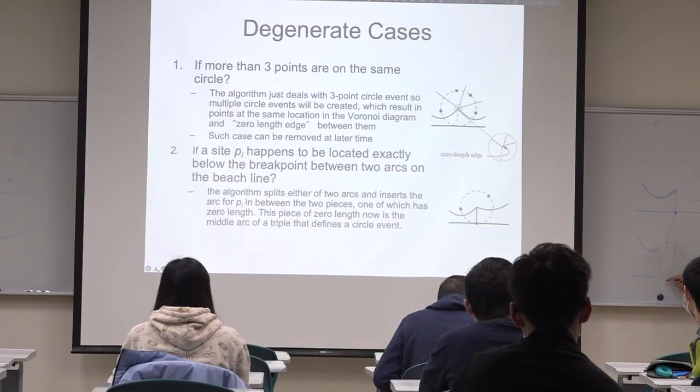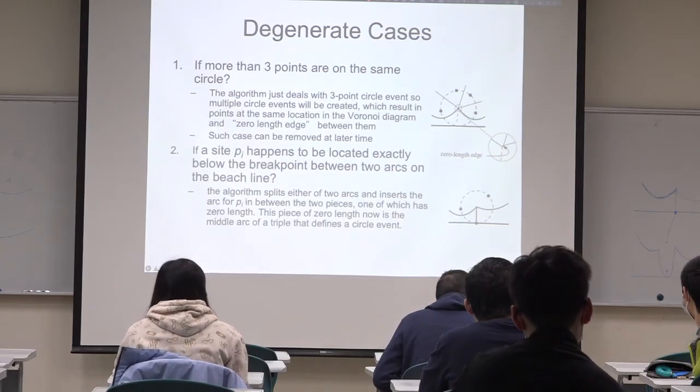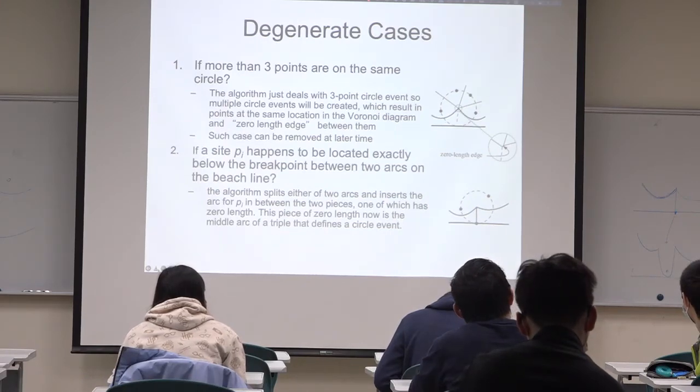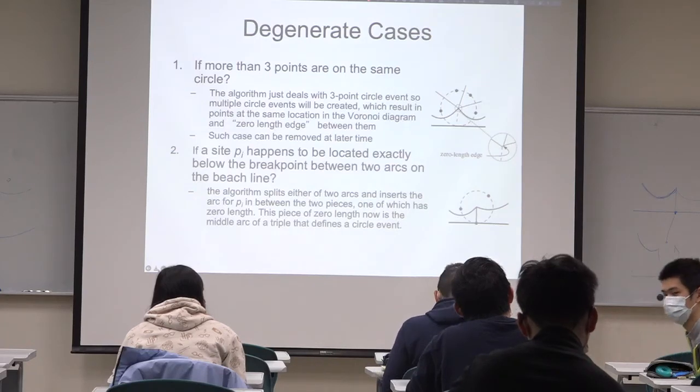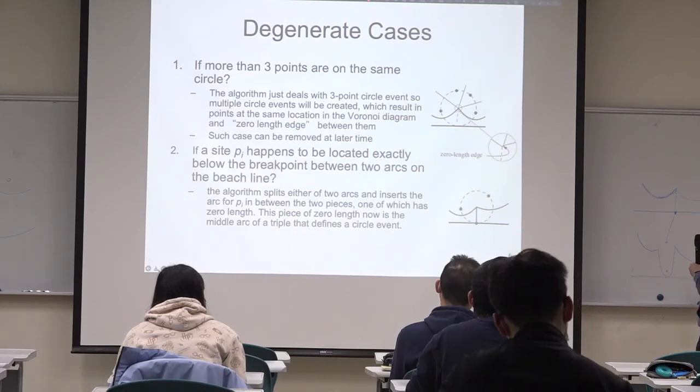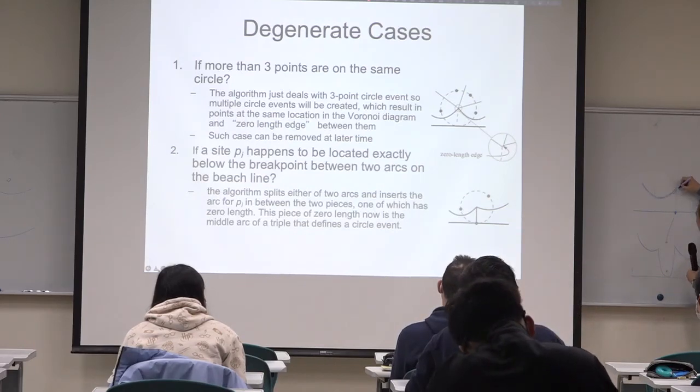remember every side event or circle event, we will always reconsider the 3 consecutive arcs to decide if there's an additional circle event, right? So right after the insertion of this, as I said, you are going to have a 0 length arc here.